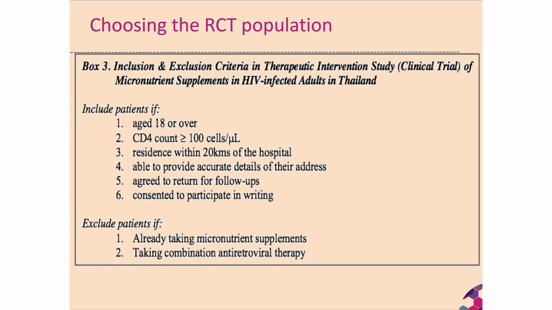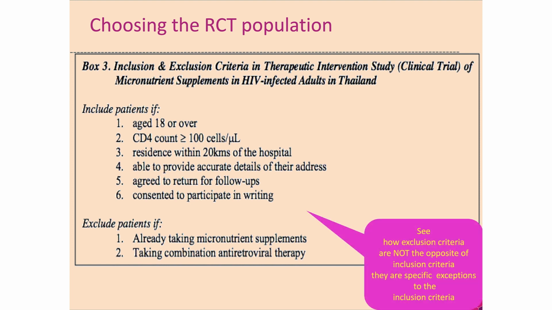If you're already taking vitamins, then you're not going to get any benefit from coming onto the study. And the other thing they've excluded is participants who are already taking combination antiretroviral therapy. And again, because there may be interactions between the vitamin supplements and the antiviral therapy and drug treatment.